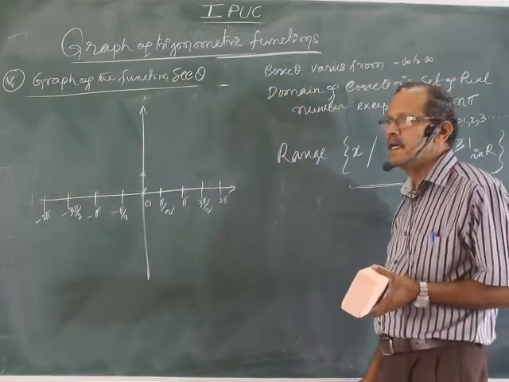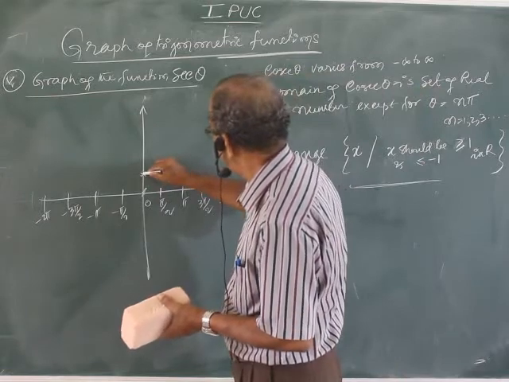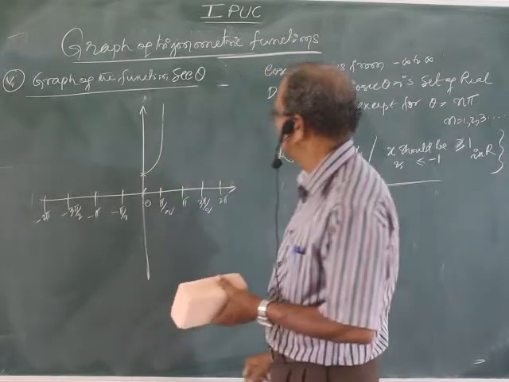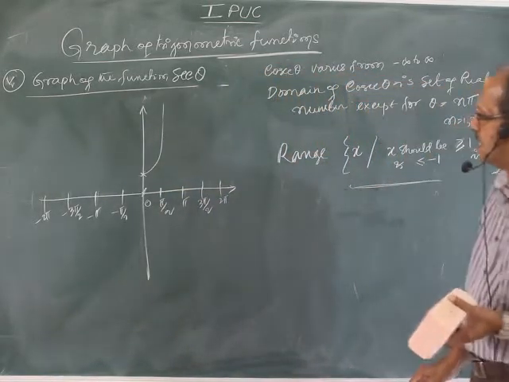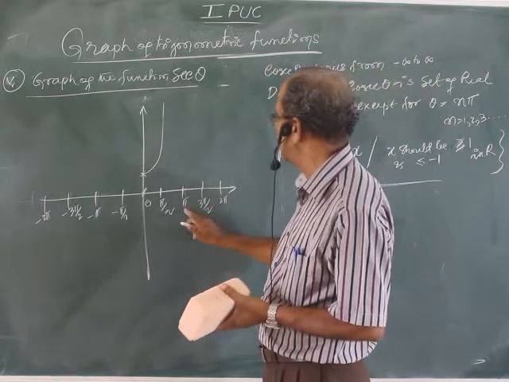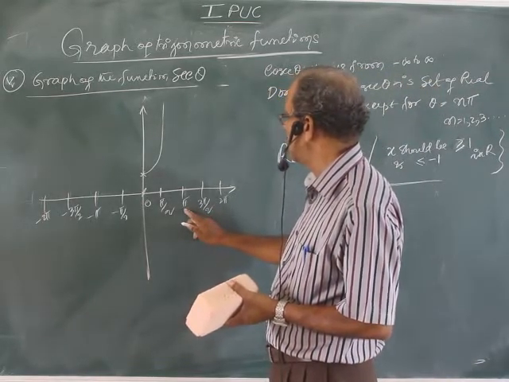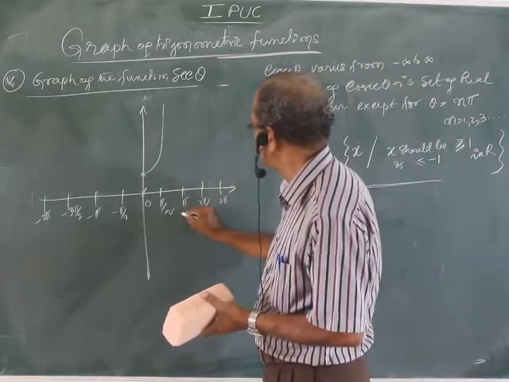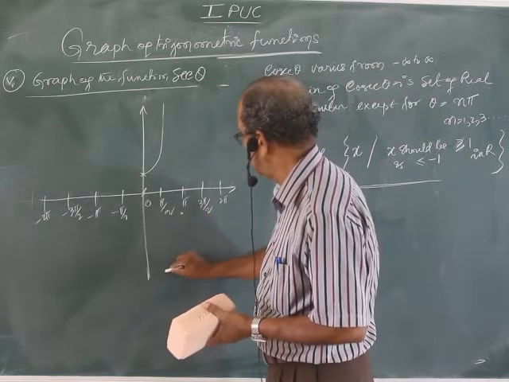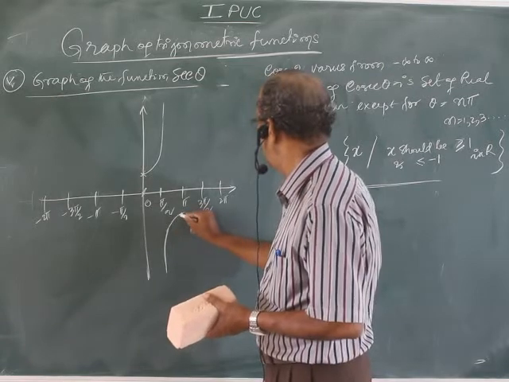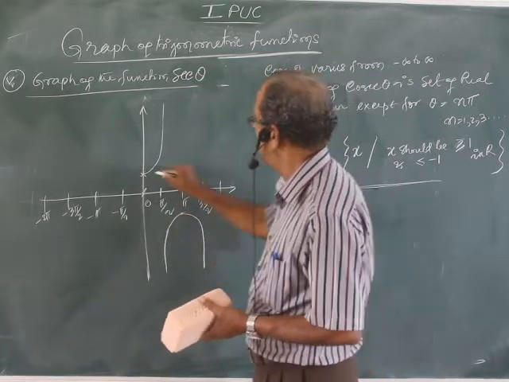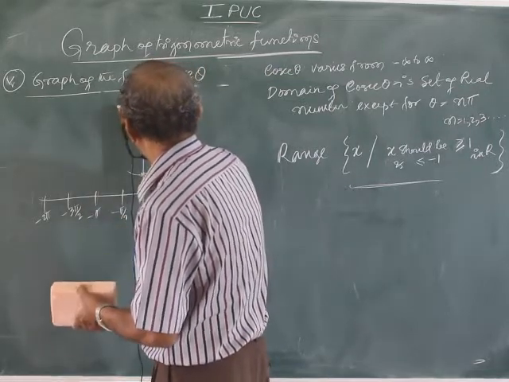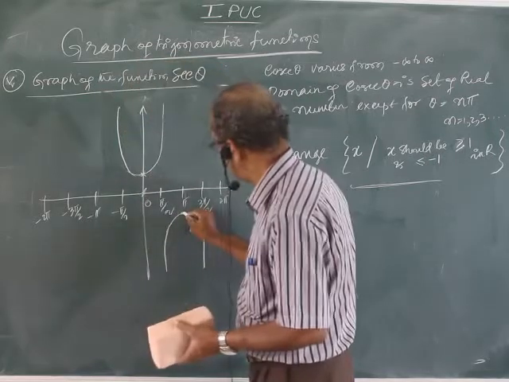Secant 90 is not defined, infinity. Secant 180, cos 180 is minus 1, so secant 180 is minus 1. The graph of the function will be like this.